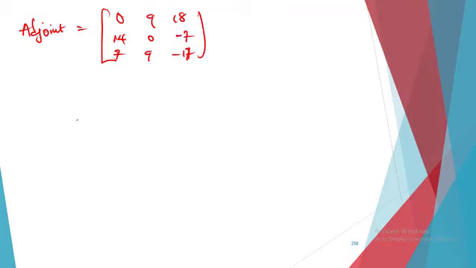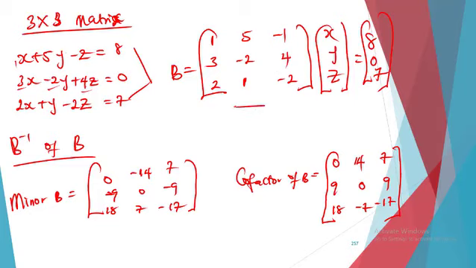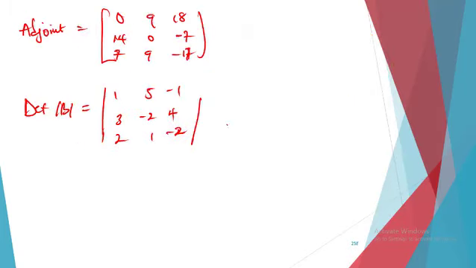Okay, then the determinant of the original matrix, determinant of B, is equal to 1, 5, minus 1, 3, minus 2, 4, 2, 1, minus 2. You know what we are doing here, right? So this is the original matrix, so that's what we are dealing with here.